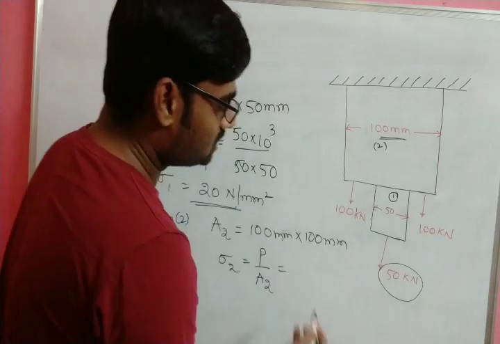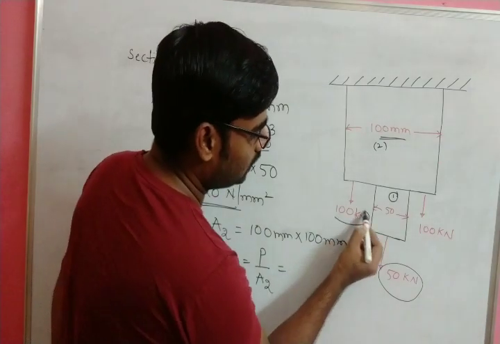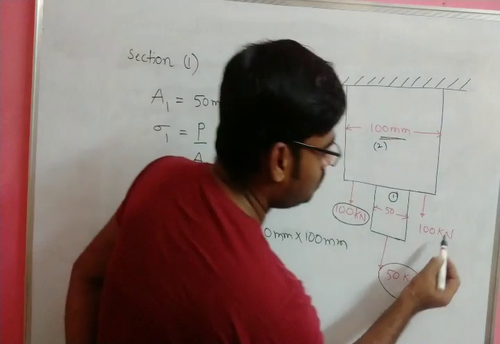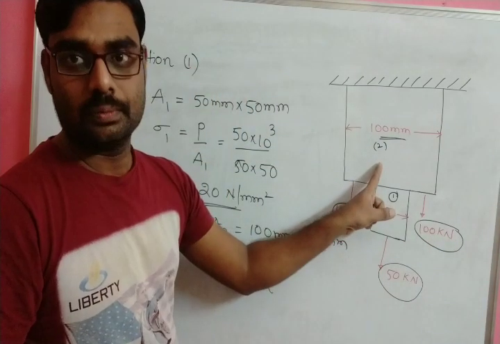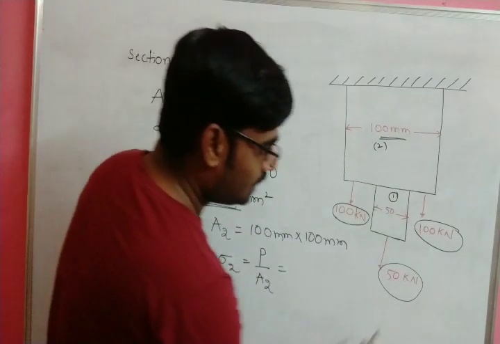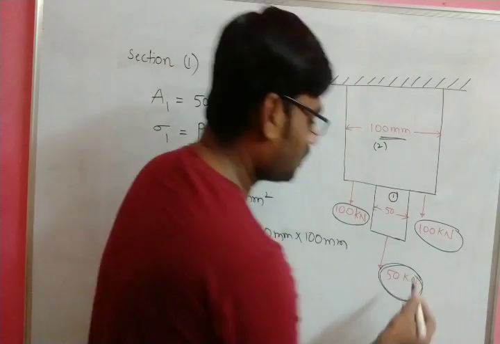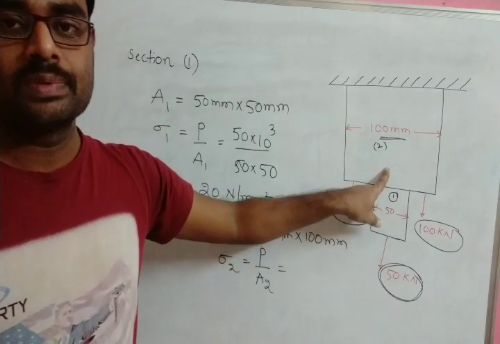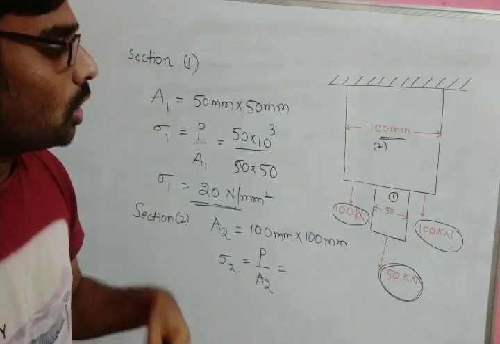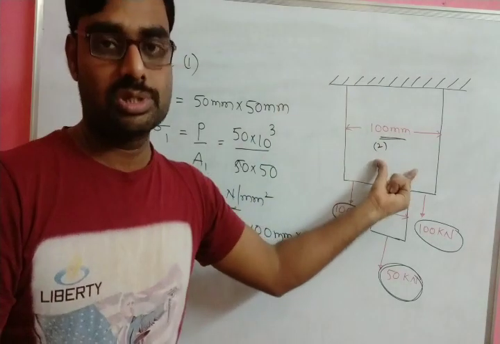See the diagram. Two loads of 100 kilonewtons are acting on section 2, and this 50 is also acting on section 2, because this load is attached to section 2.